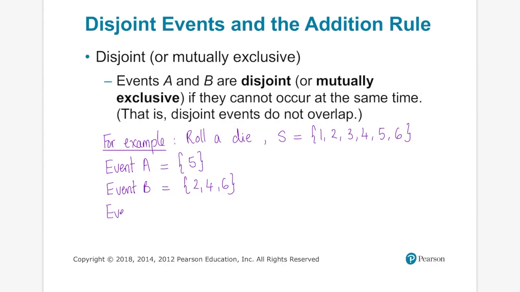And event C represent odd number. We say event B and C are disjoint because they don't share any common element.